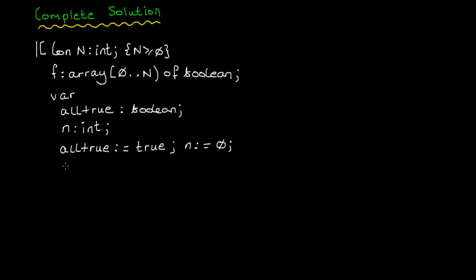The next thing that we have is our loop, and we know that our loop is do n not equal to large N. And inside our loop then we had allTrue becomes equal to allTrue and f.n equal to true.